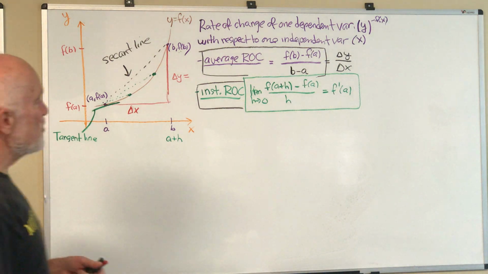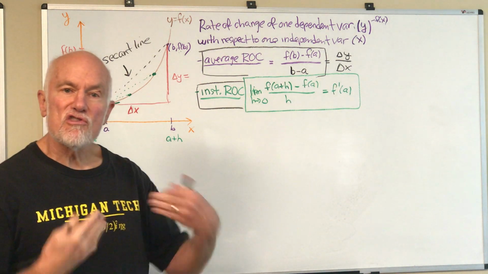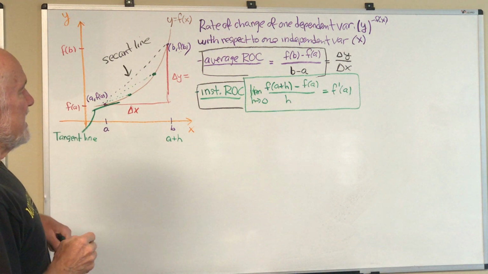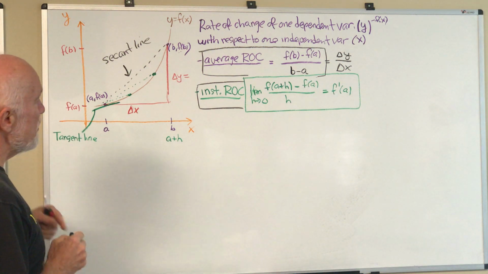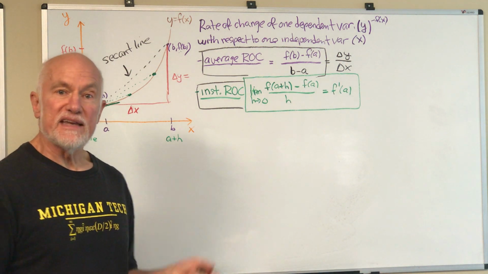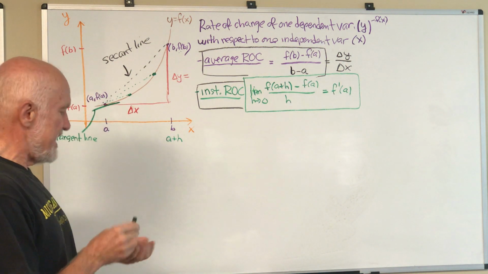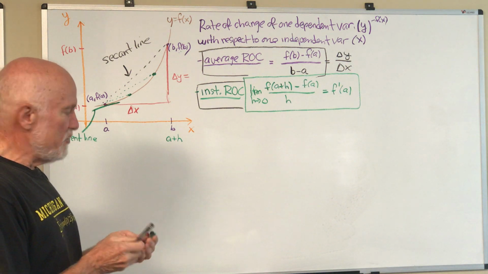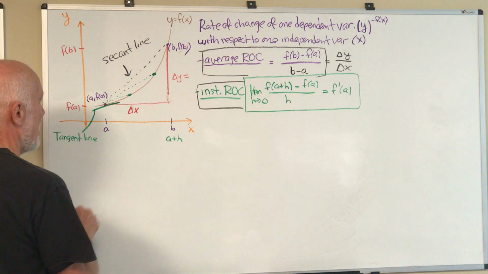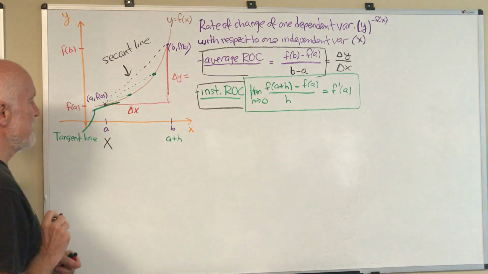Both of these are just going to give you numbers. They're going to give you the slope of the line. Now, if you really wanted to have a whole function that gave you the slope at every point, not just at point A, the only thing we really would have to do is instead of calling this A, call it x.